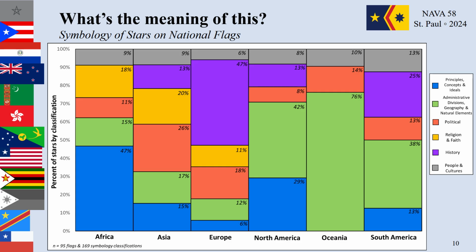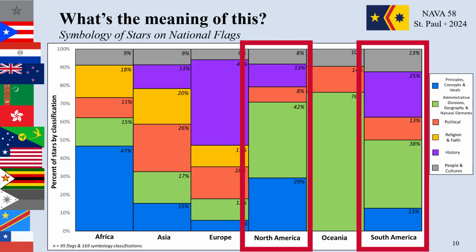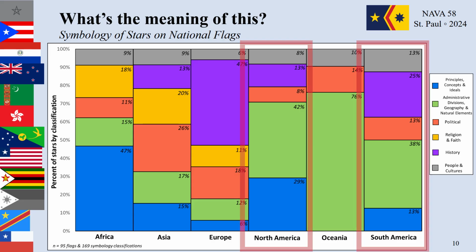Another really big trend would be administrative divisions and land, the green on the slide here. You can see that they occur most commonly in the flags of Oceania. Almost 3/4 of all the stars on the flags of that region are tied to that category. And North America and South America are the second highest with around 40% each. I thought that was quite interesting.